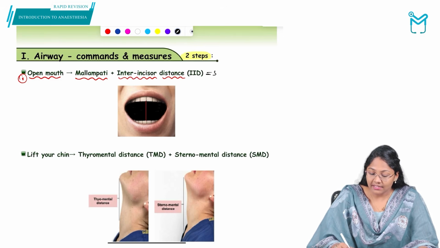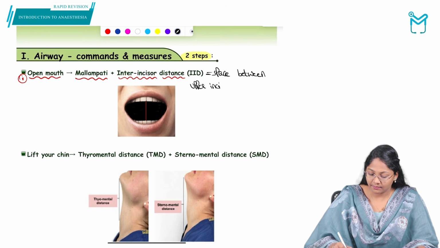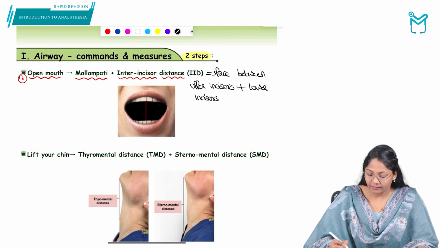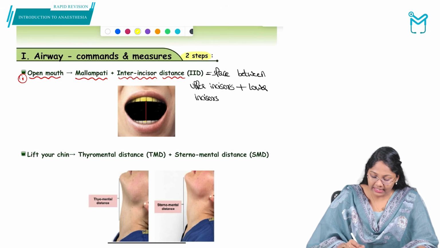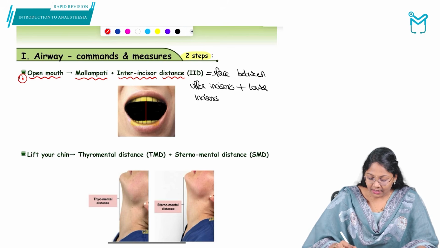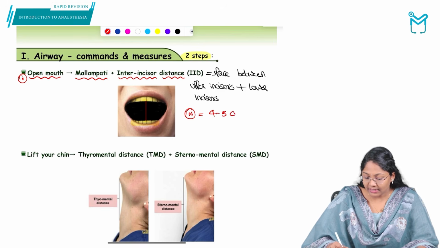The space between the upper incisor and the lower incisor. So the space which you can see here, the distance between the upper incisor as well as the lower incisor, this is nothing but the inter-incisor distance. Now normally how much should it be? 4 to 5 centimeter.